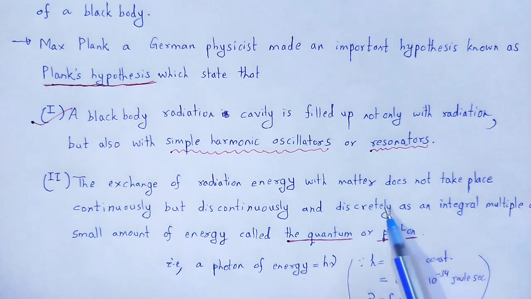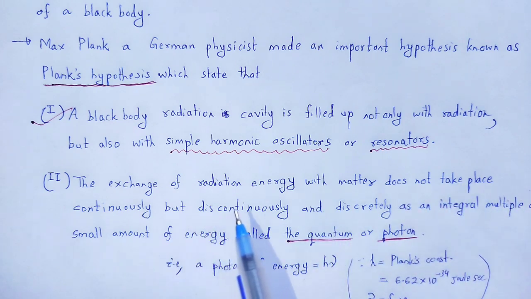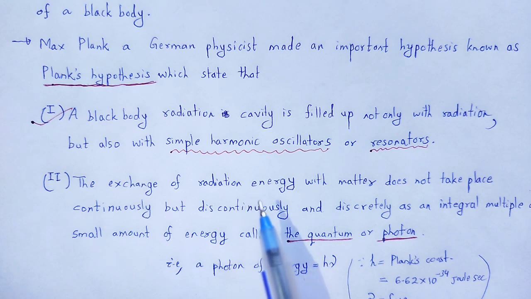But according to his hypothesis, energy is not continuous but discontinuous and discrete in nature. Since it is discrete, what would be the energy? That energy is the integral multiple of a small amount of energy which is called the quantum or photon.